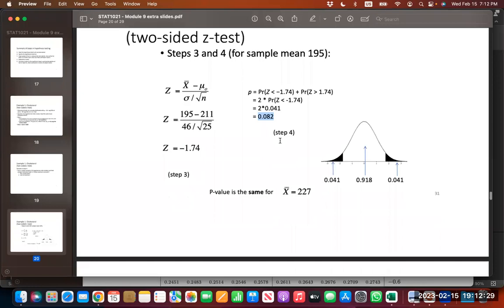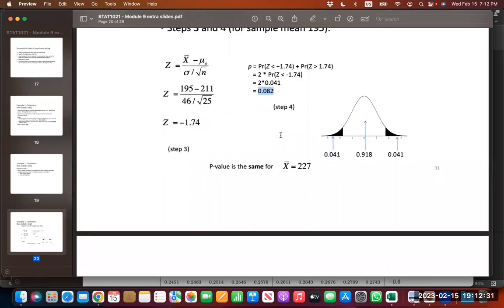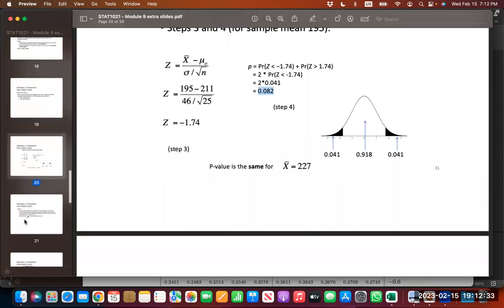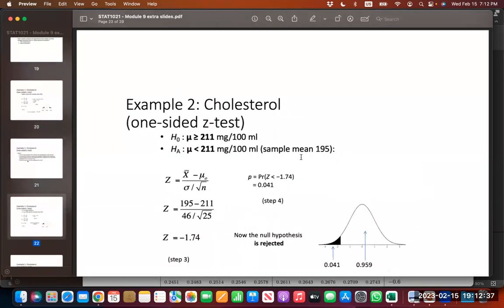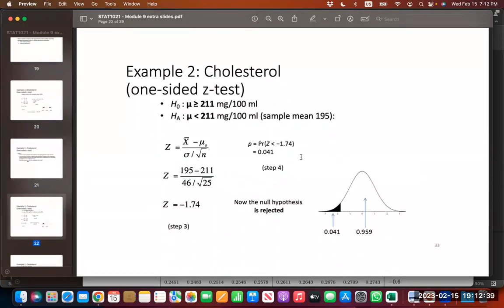What's getting now a little bit more interesting is when I do a one-sided test. Because what happens now? So now again, the 195. If I have 195, I only calculate in one direction.